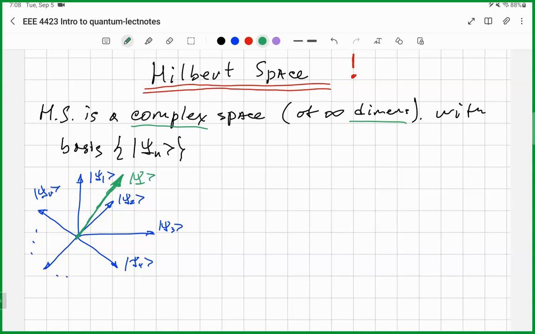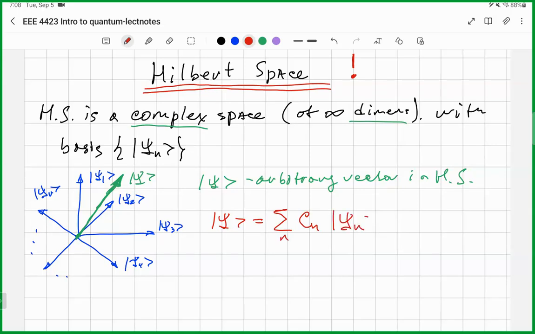So the psi vector in this space is an arbitrary vector in Hilbert space, and as we introduce these basis vectors, we can represent this vector through its projections on the basis vectors. So it's going to be the summation of Cn times basis vectors.